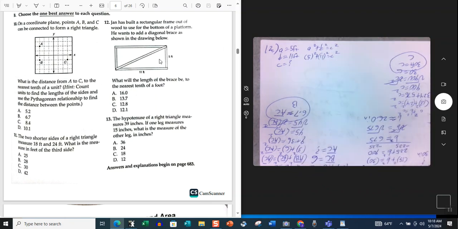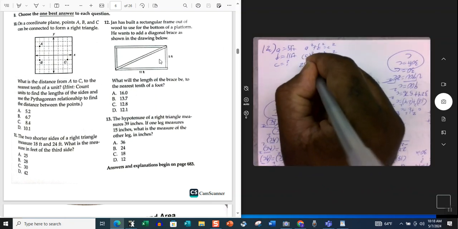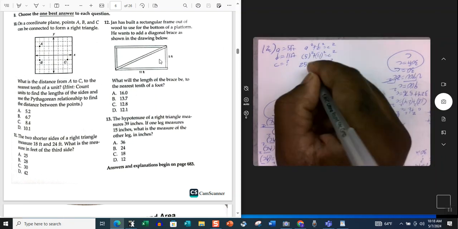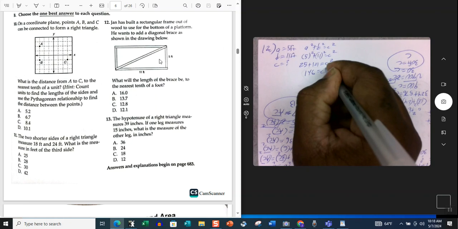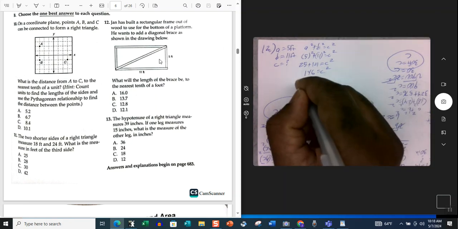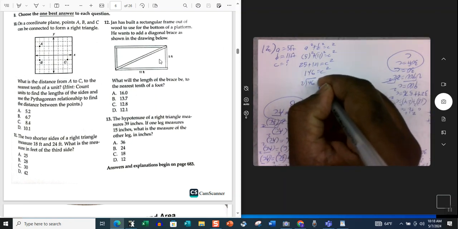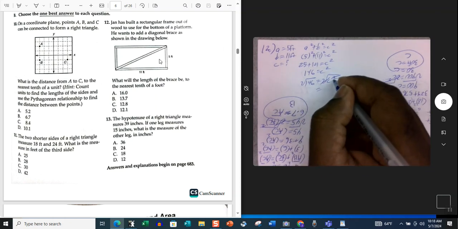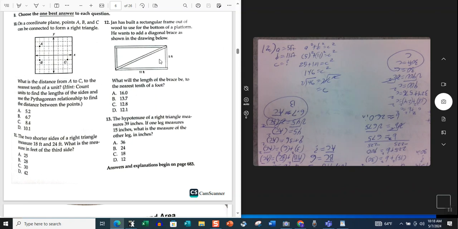And C we don't know. So this would be 25 plus 121 equals C squared. So this would give us 146 equals C squared. We'll take the square root of both sides. So the square root and the square will go, and that leaves you C. So we'll take the square root of 146.